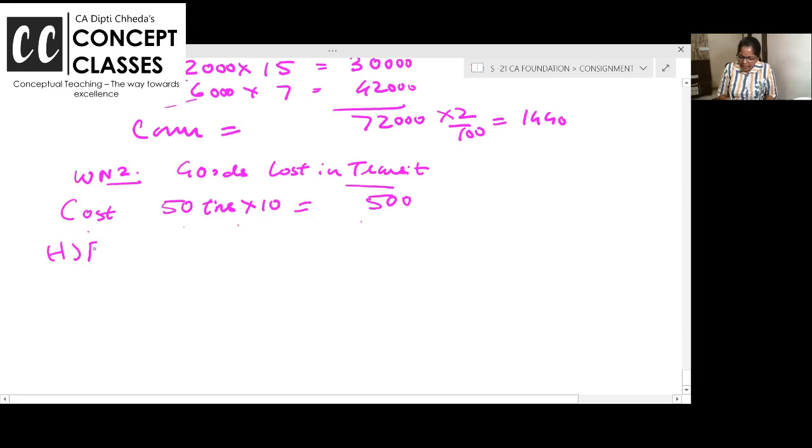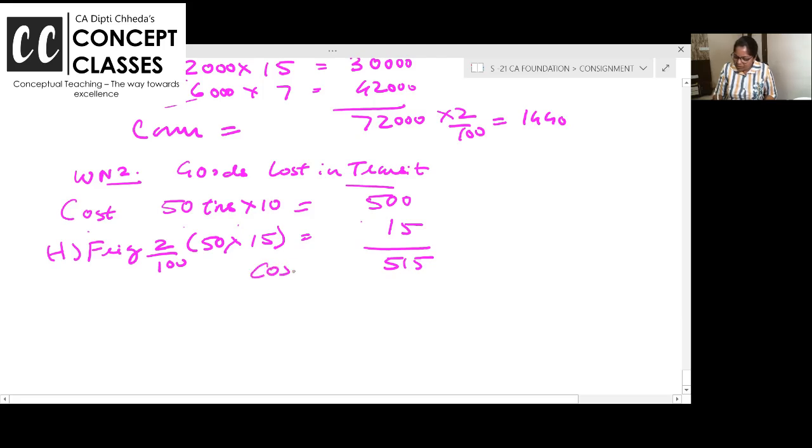How much freight will it be? 2% of selling price. For these 50 tins, the selling price is 15. 50 into 15, 750, into 2%, so 15 rupees is the freight. 515 is the cost of goods.